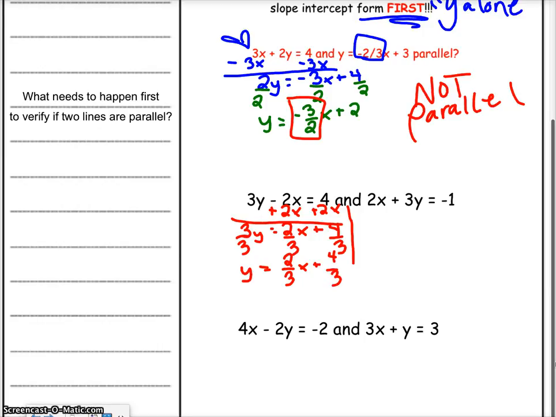Who cares that it's a fraction? Don't stop. You're not graphing this, you're only comparing slope, so you don't have to care. You only care about the slope. So my slope is 2/3. Now I'm going to check my next one. I got to move my 2x by minusing 2x. 3y equals negative 2x minus 1.